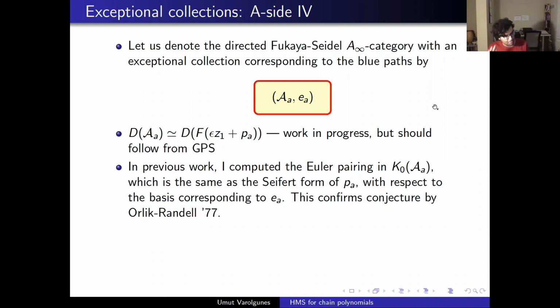If that's not familiar, maybe what's familiar is the Seifert form of this singularity from classical singularity theory. Those things are equivalent. They describe the same thing. And what this Seifert form should be was conjectured by Orlik and Randell, and I did some computation that checked that what they were conjecturing is actually true.